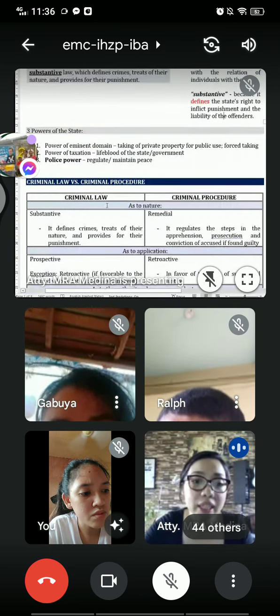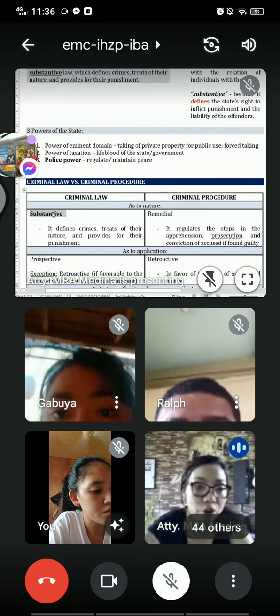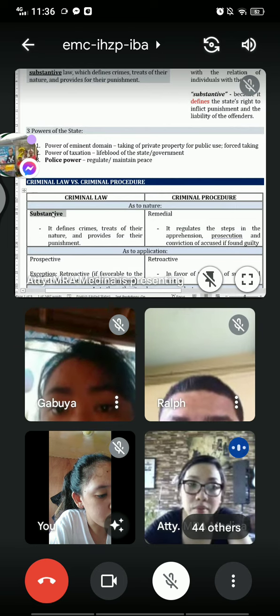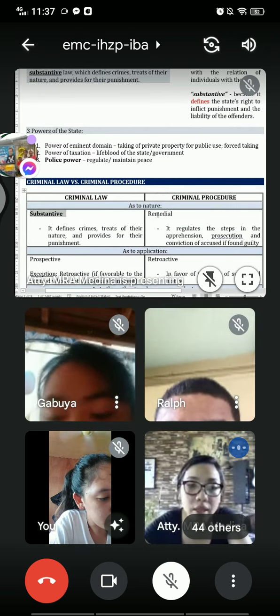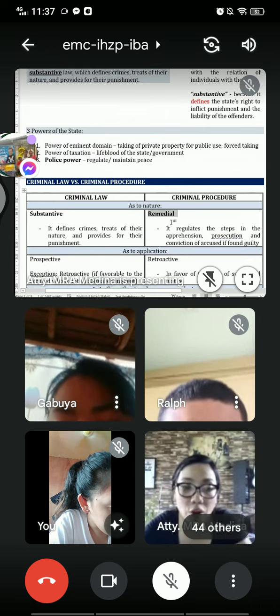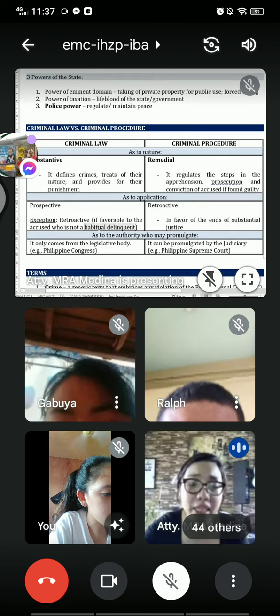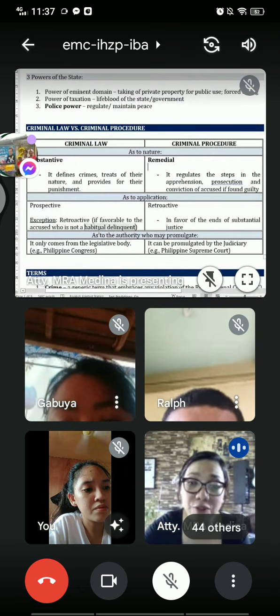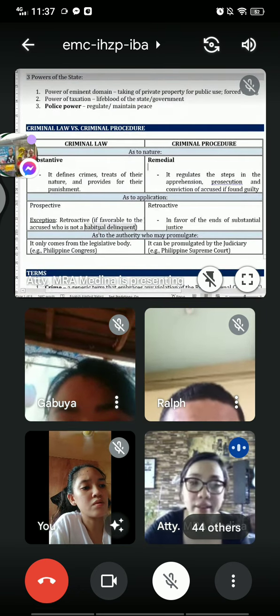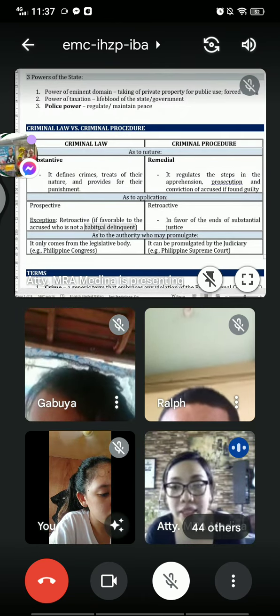Criminal law is what we call substantive law, or public substantive law, as compared to remedial law. What is the difference? Substantive law defines the crime and the penalty. That is our Revised Penal Code.